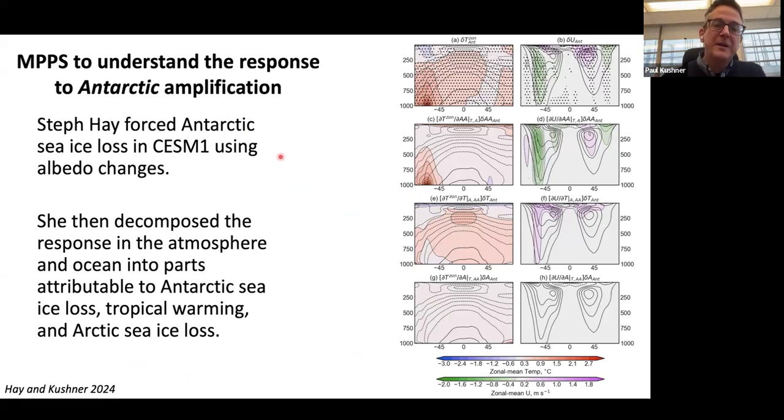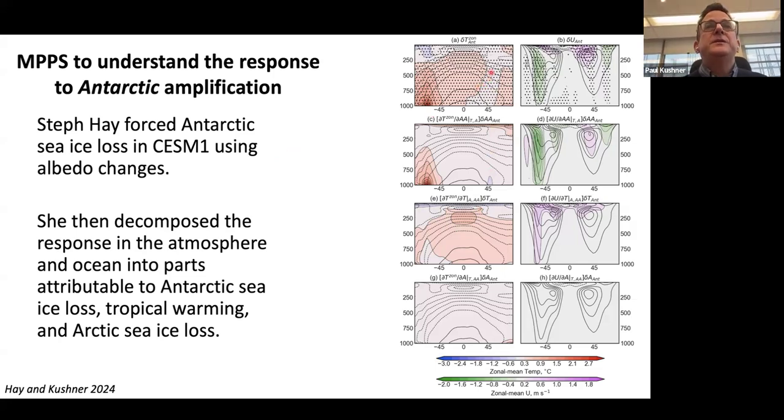So she perturbed Antarctic surface albedo separately from Arctic surface albedo. And we recombined several simulations to actually do 3-parameter pattern scaling. In this case, the parameters were Antarctic sea ice extent, Arctic sea ice extent, and tropical warming.